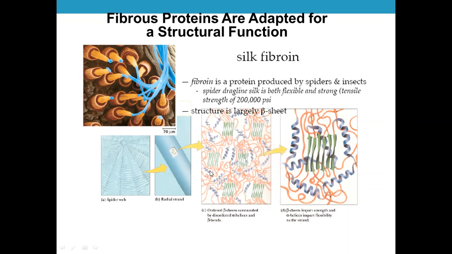The rest are coils, but mostly what you see are beta sheets. The beta sheets impart strength, and the alpha helix imparts flexibility to the strand.